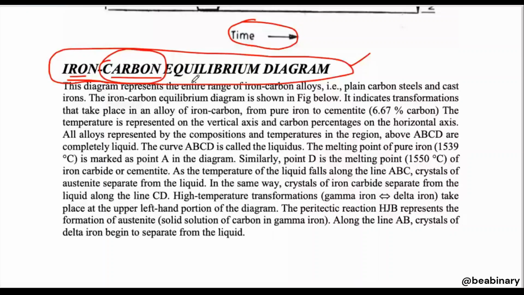So in the case of iron carbon, mixing iron and carbon together gives your alloy, and how that alloy responds and gives different phases at different temperatures is discussed in the phase diagram.